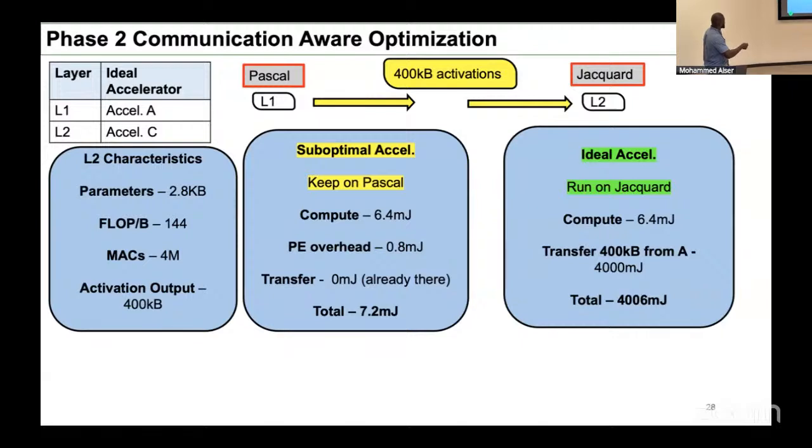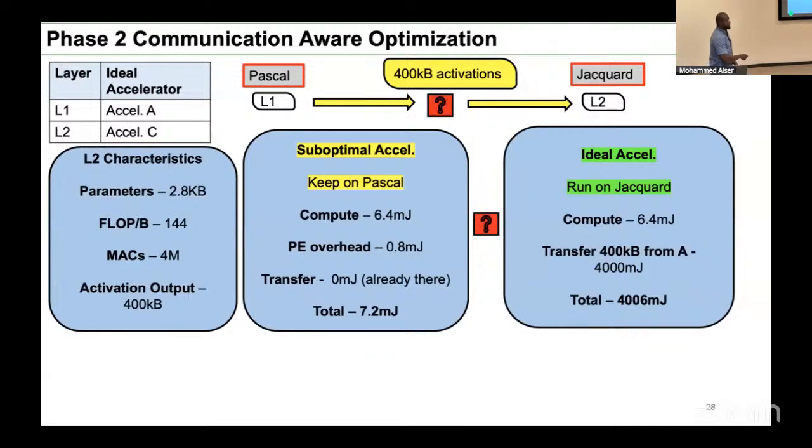And so if it will cost 7.2 millijoules of energy to keep it on the suboptimal accelerator, and to transfer it to the optimal accelerator will cost 4,000 millijoules, you should keep it on the suboptimal accelerator. And this way, you don't spend the cost of transferring from one accelerator to another.